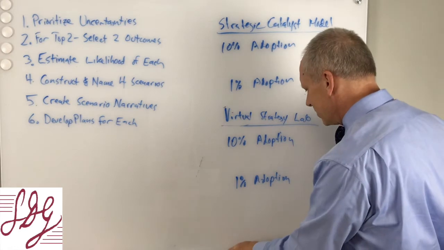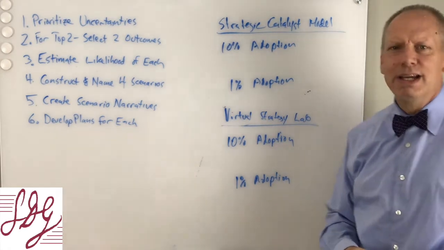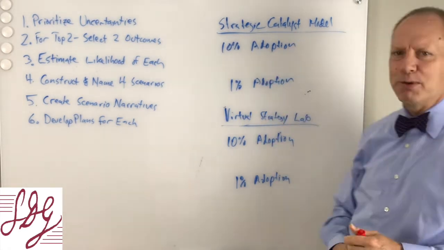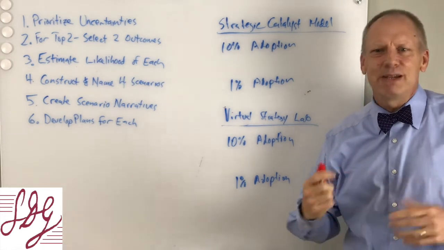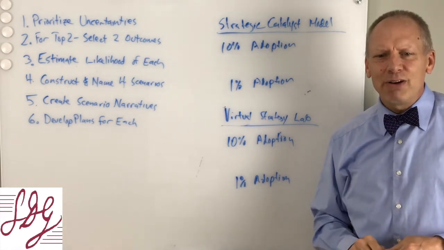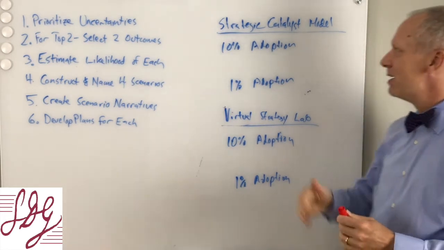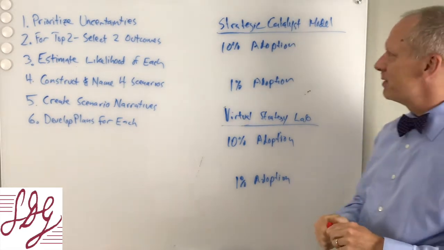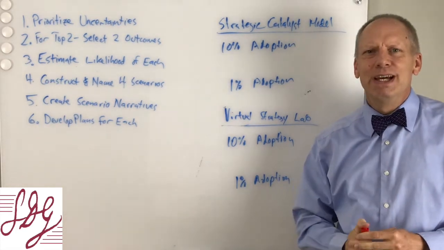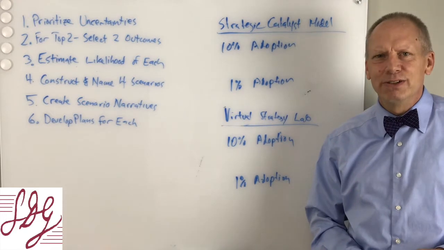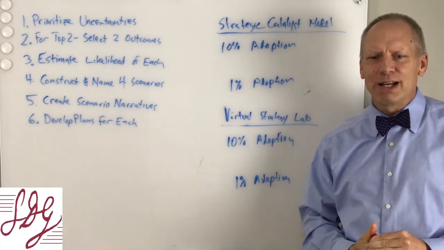I'm going to switch colors here just so we can keep track, because we've got some percentages here and I'm going to put some other percentages up here, but they mean something different. So how likely are we to have a 10% adoption of the strategic catalyst model displacing the traditional strategy consulting model?